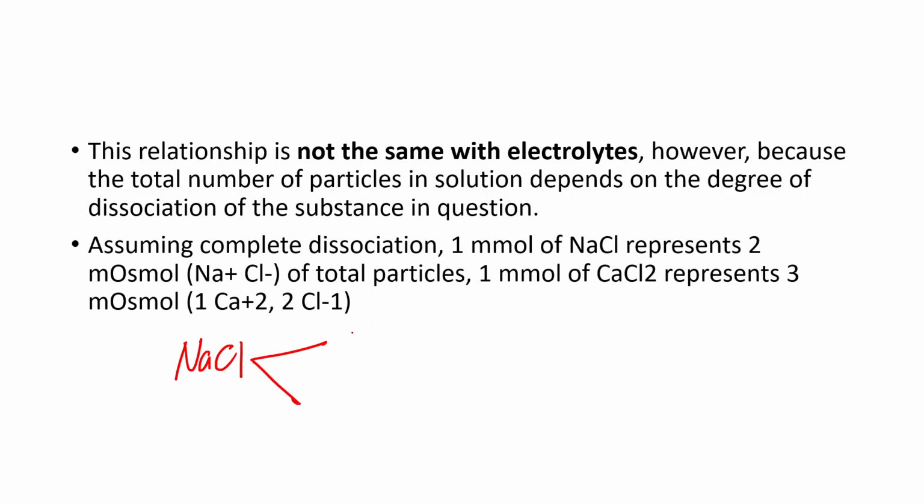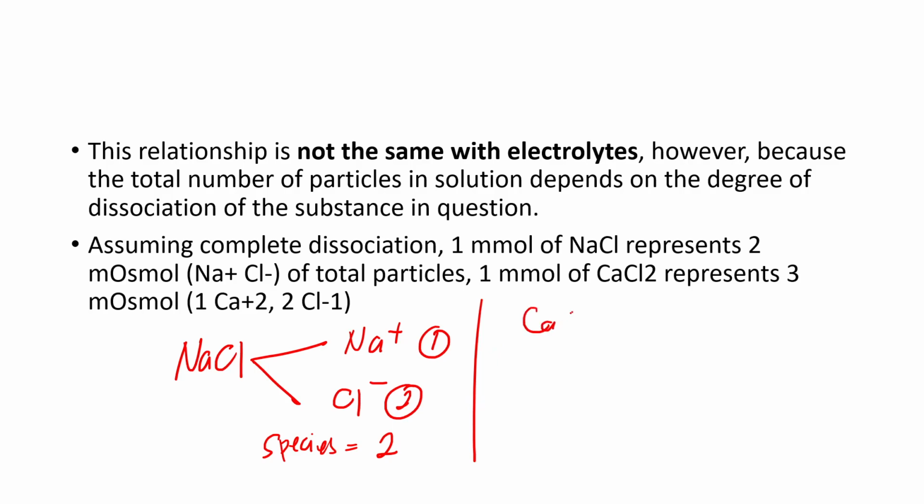If it dissociates, it will dissociate into sodium and chloride. So this is the first species, this is the second species, meaning the number of species for sodium chloride is 2. If you have calcium chloride, it will dissociate into 1 calcium and 2 chloride. So how many species? 1 plus 2, you have 3.